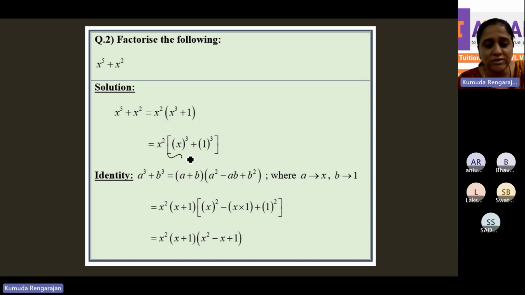So it is a plus b. After that, substitute the values and this is what it is.